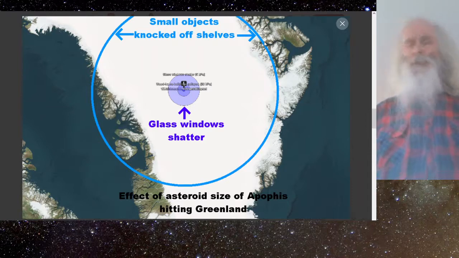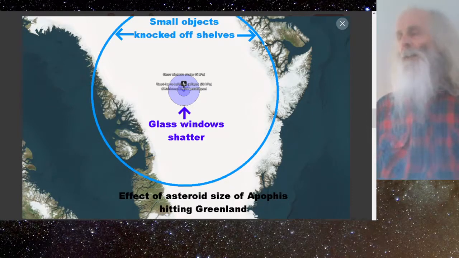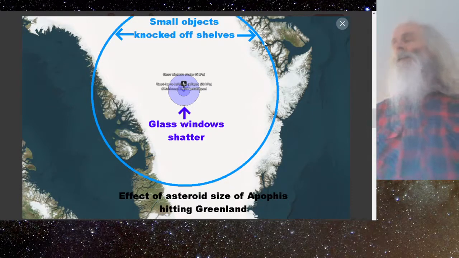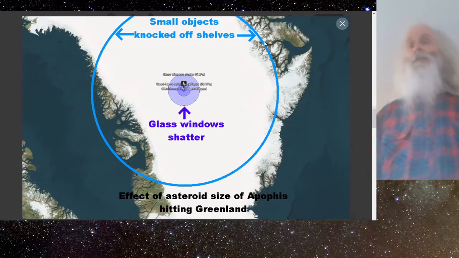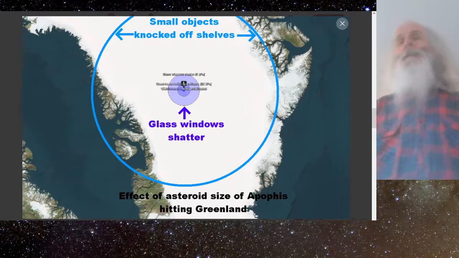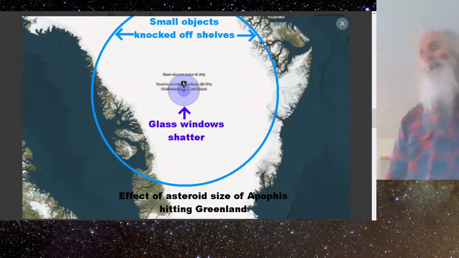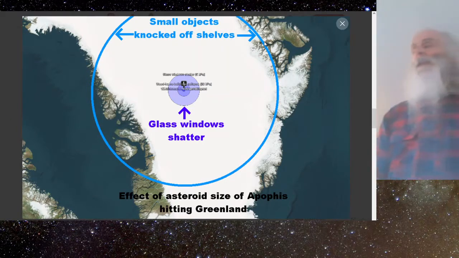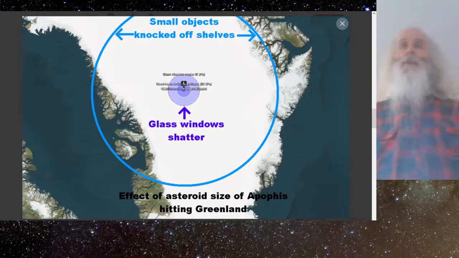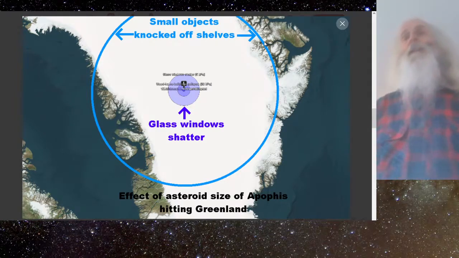And there was one lady who had a very bad bruise on her thigh, so bad that she had to go in hospital, and she had a lot of lingering problems from this bruise on her thigh from an asteroid. And that's the only example of injury by asteroid in the United States.